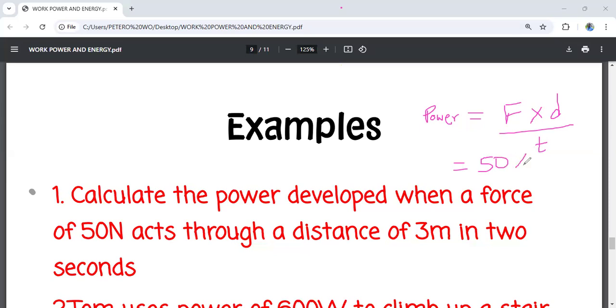We'll be having 3 as our distance in meters. Then we'll be dividing by the time, which they gave us as 2 seconds. So this one will give us 150 as the work done, then the time is 2, and our answer will be 75, and these ones are watts. So that will be our answer for our first example, 75 watts.